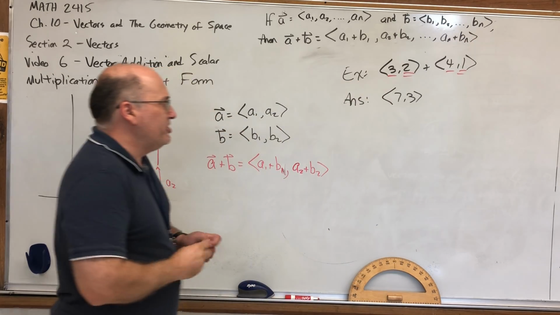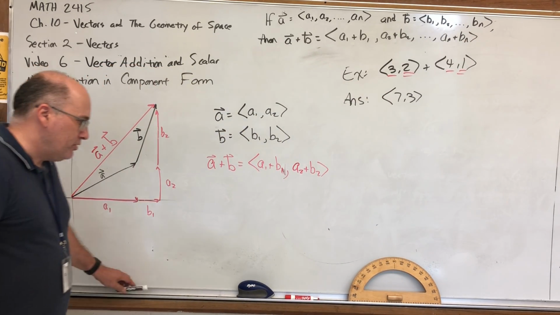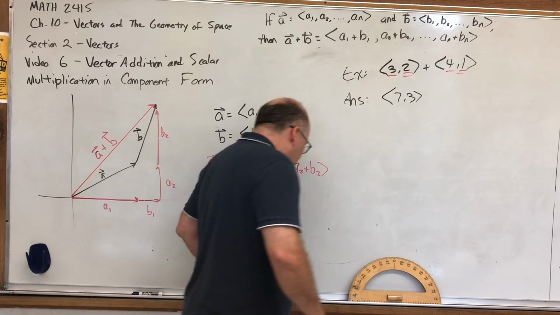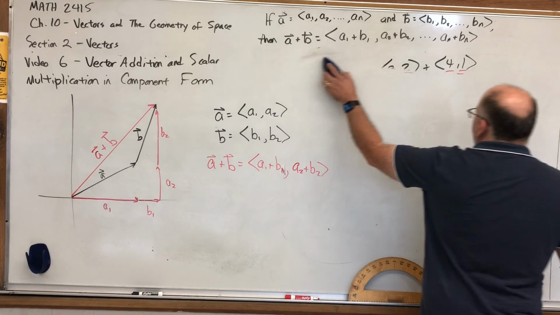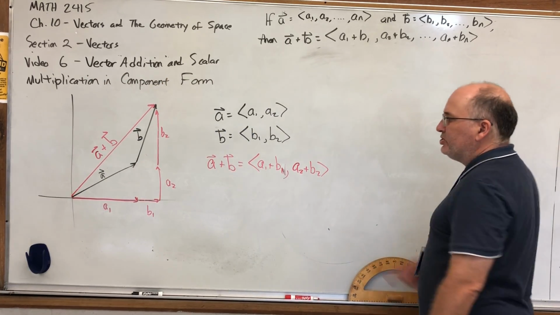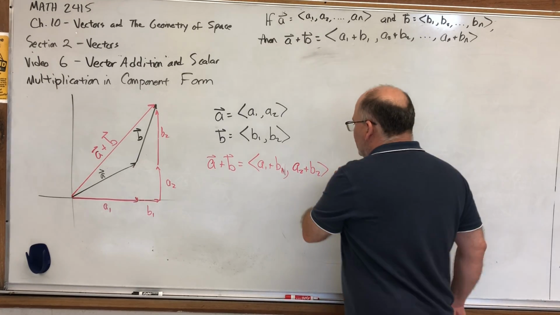In other words, vector addition occurs component-wise. You add corresponding components. Not a real revelation there. There's a good chance that you already knew that, but there's the geometric reason why, at least in 2 dimensions.